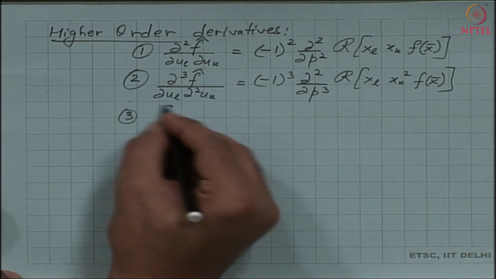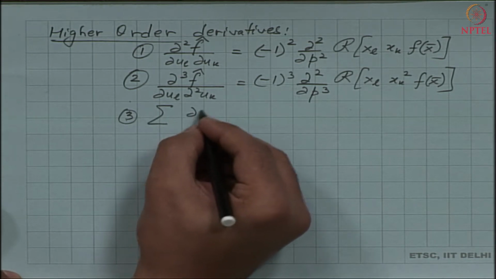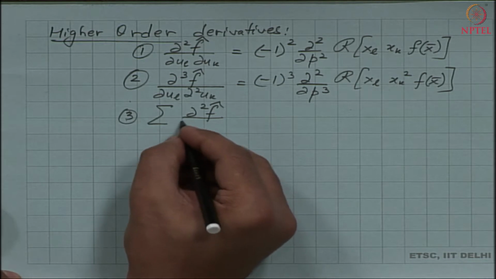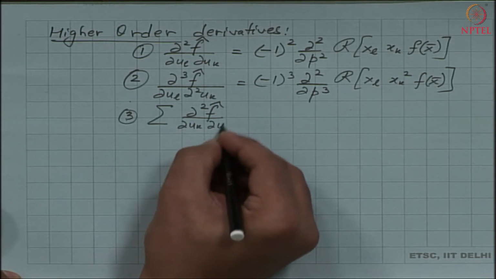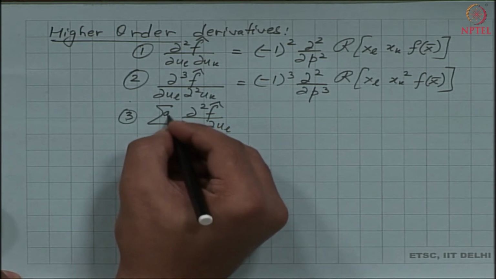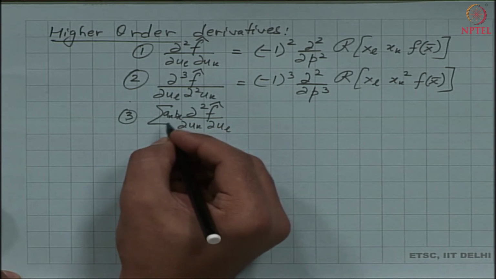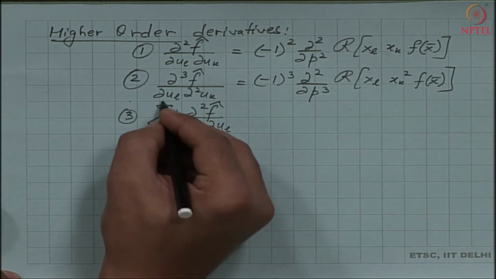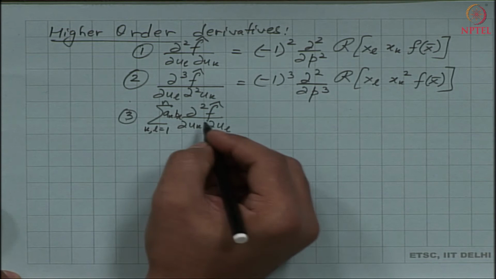So, the general case is del squared f hat over del u_k del u_l times a_k b_l, summed over k, l from 1 to n. Let me just generalize this result.